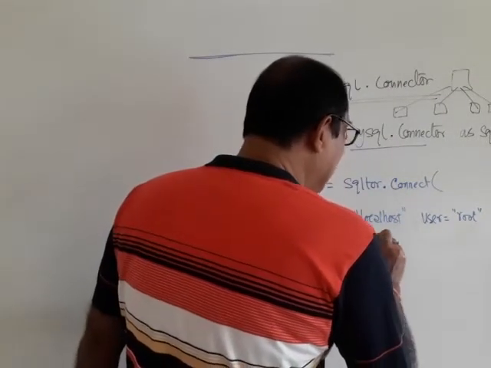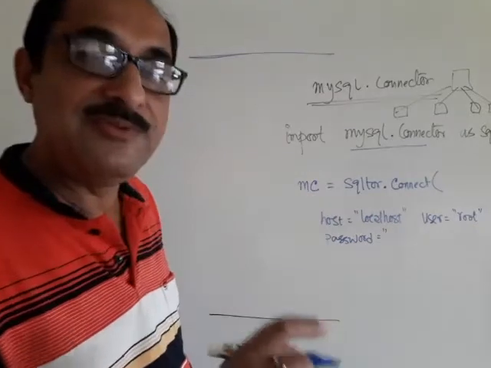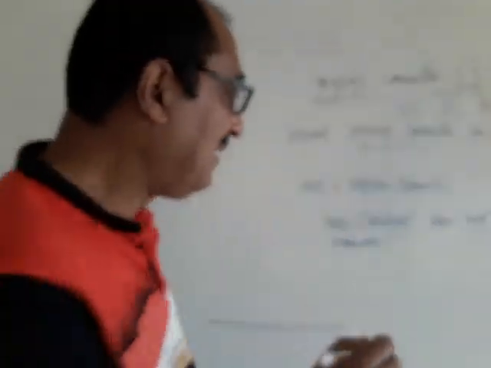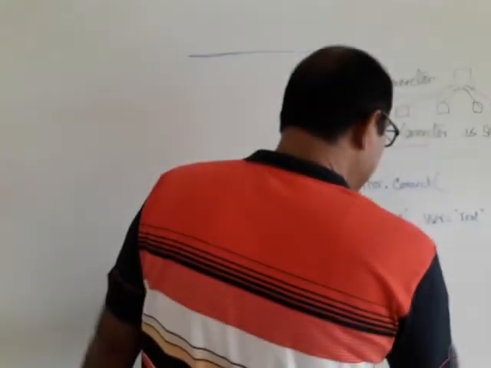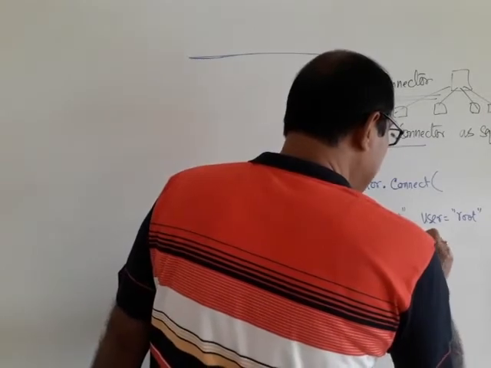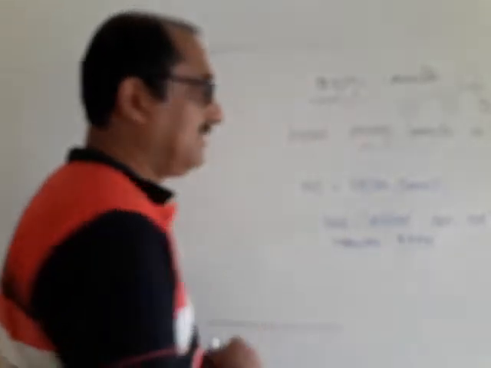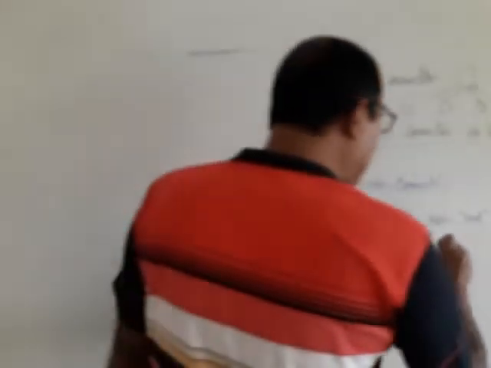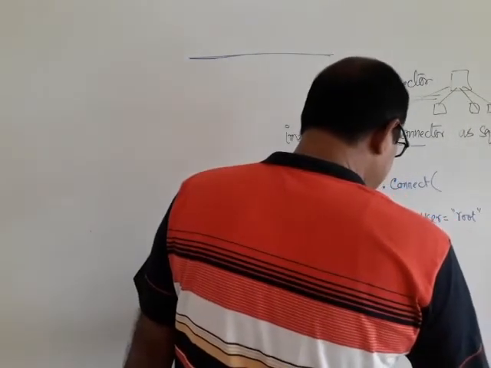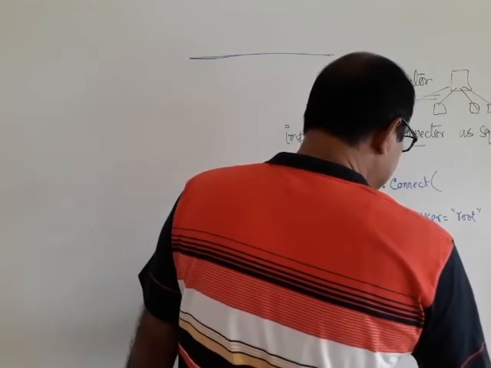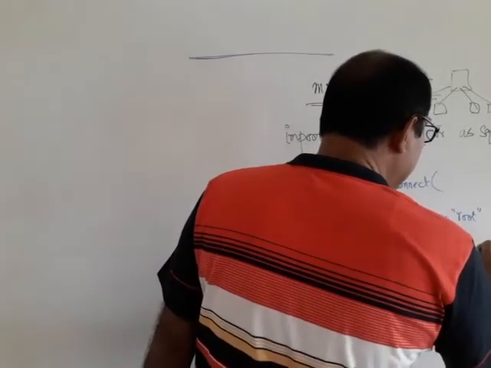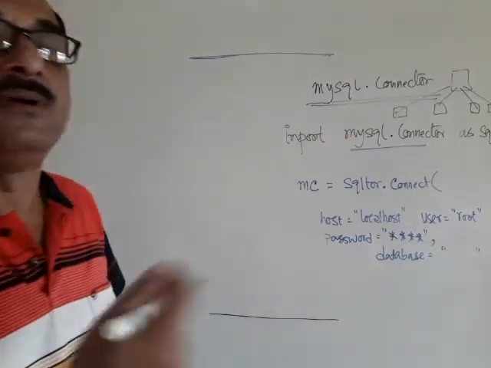Password, if you remember, in our lab we most probably put 4 stars, maybe I am wrong. Whatever password you give when you start working with MySQL, that password you have to mention. Then you have to write the 4th parameter, database equal to whichever database you want to fetch.